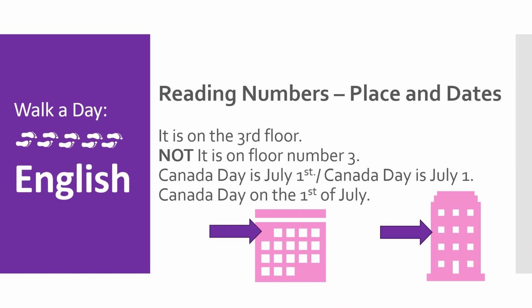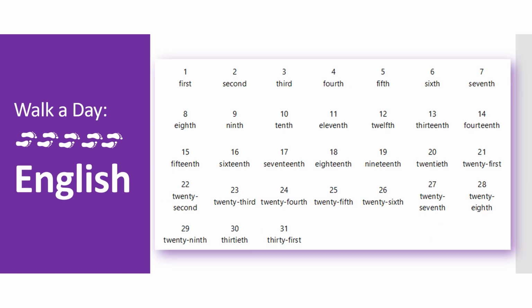Let's take a look at the other dates and how we would say them. So we had Canada Day is July 1st. So we'll start with first. First. Second. Third. Fourth.